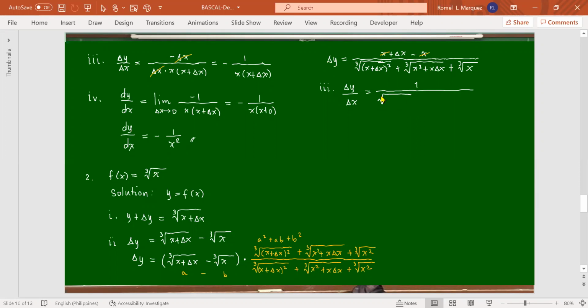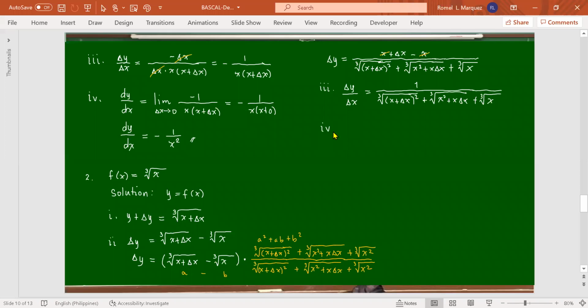Yes po. The cube root of x plus delta x quantity squared. Kapagod. Diba, the next ones are all formulas na. And then plus, actually, the formulas are proven using this method, no? Kaya you will have the formula later.